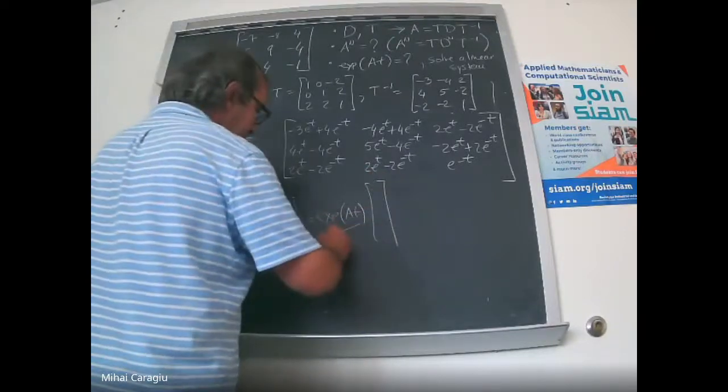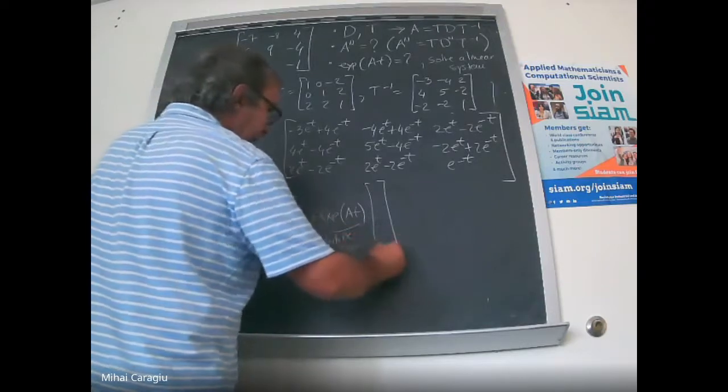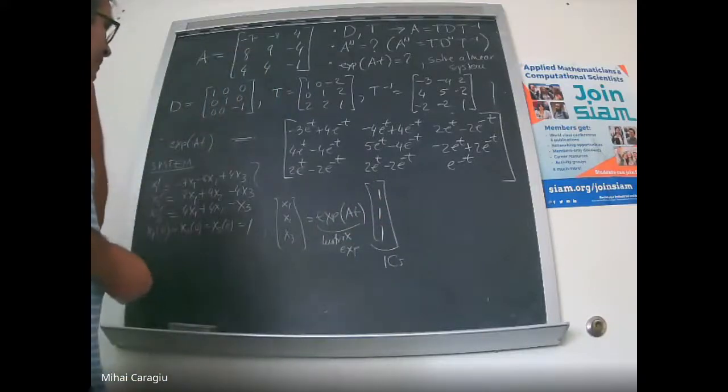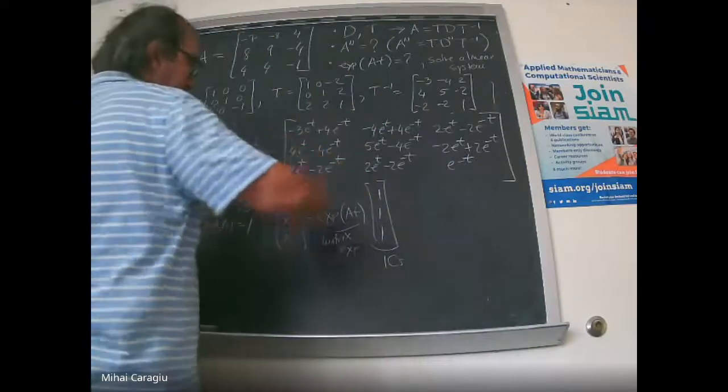Matrix exponential times the vector of initial conditions, 1, 1, 1. Okay, so we have to multiply this matrix by the column matrix 1, 1, 1.